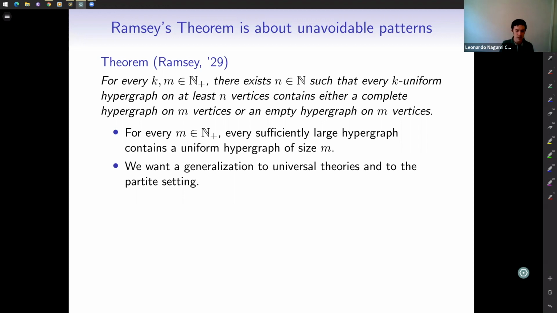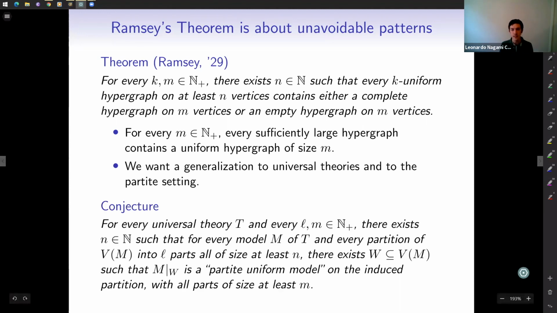So what we want is a theorem that kind of looks like this. If I give you some universal theory D and I give you parameters L and m, there exists an n large enough such that every time I give you a model M, so a combinatorial object, and I partition it into L parts, and all of the parts are large, so they have size at least n, then I can find a subset.